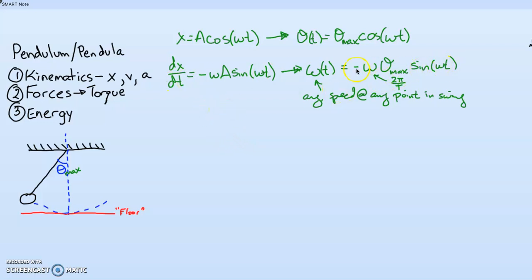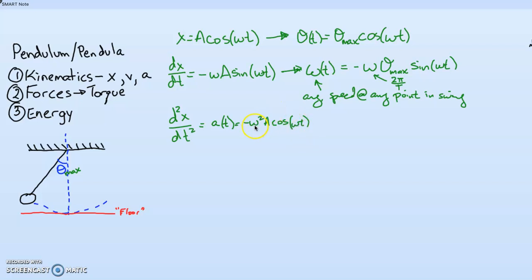But we won't really worry about this guy much, because what we really care about is the second derivative, to give us the acceleration. And that sine turns back into a cosine.